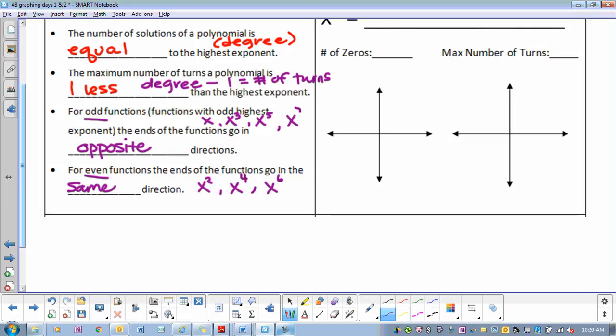Okay? All right. So one thing you have to know about this is your leading coefficient always tells you your right end behavior.